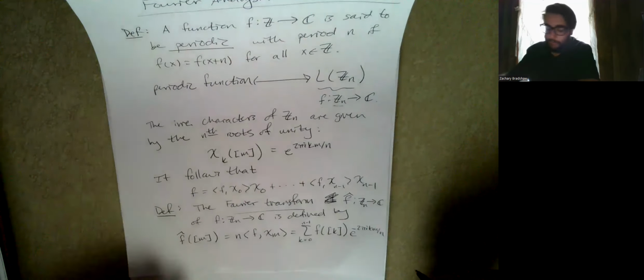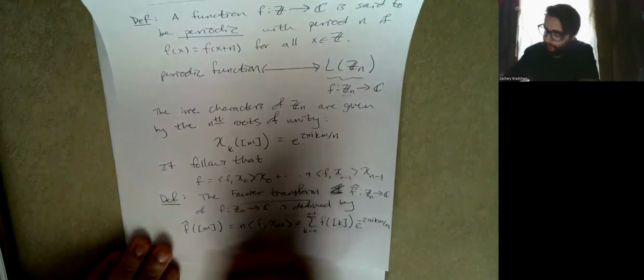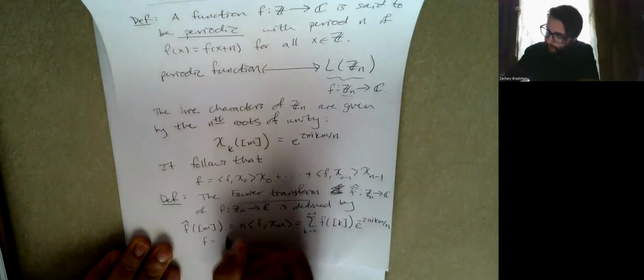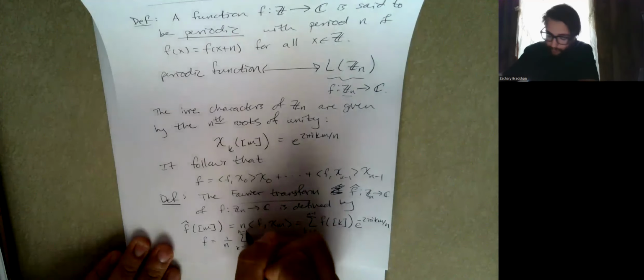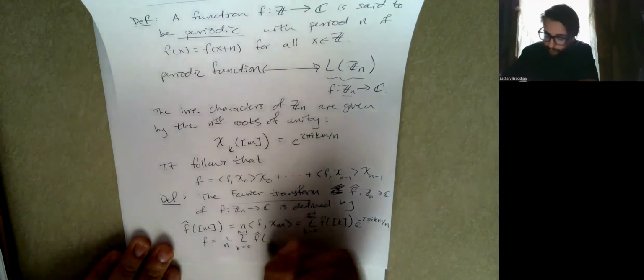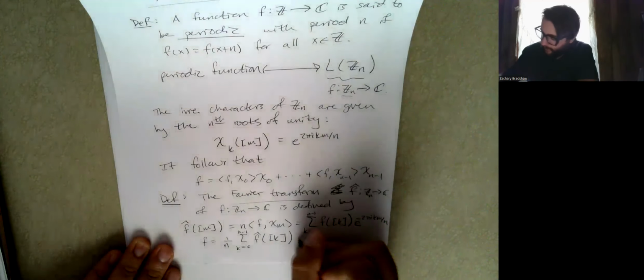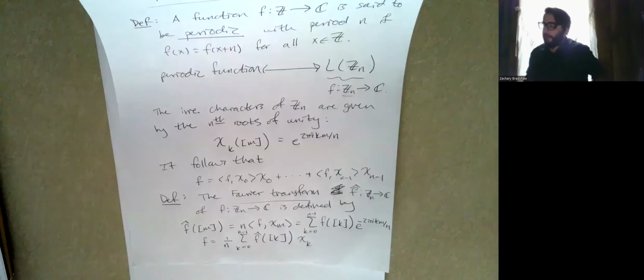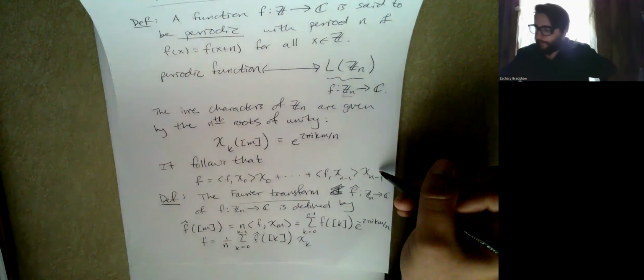Okay, so in that case, that implies that f is 1 over n times the sum from k equals 0 to n minus 1 of the Fourier transform evaluated at the residue class of k times the kth character. Right? And that follows from this piece here.